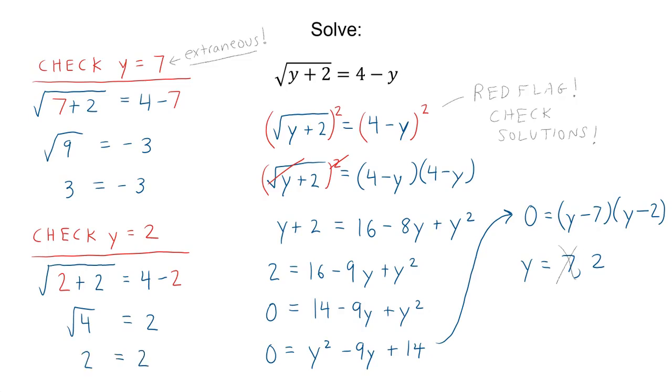The positive square root of 4 is 2. So we have 2 equals 2. That's a true statement. So that tells us that y equals 2 is a good solution, and in this case, is the only solution to our original equation. So therefore, this equation has one solution, y equals 2.